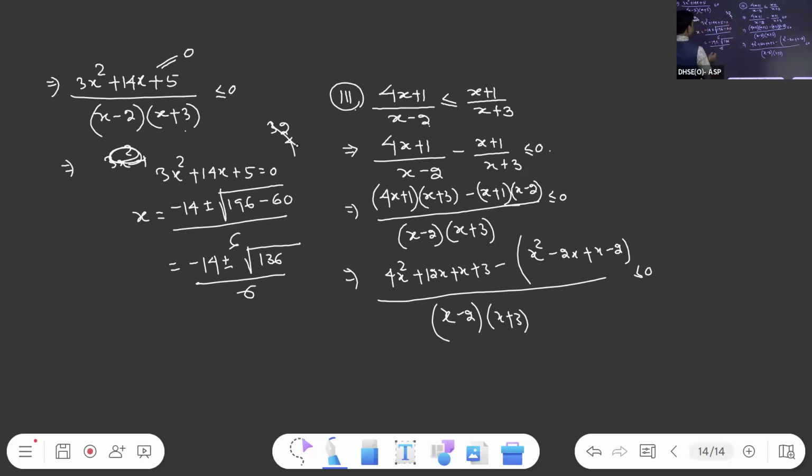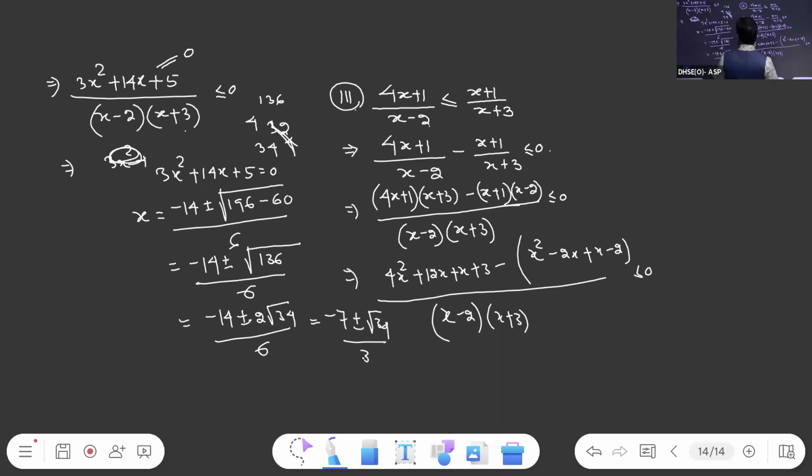So this is equal to 136 by 4, 34. Minus 14 plus or minus 2 root 34 divided by 6. This is equal to minus 7 plus or minus root 34 divided by 3.